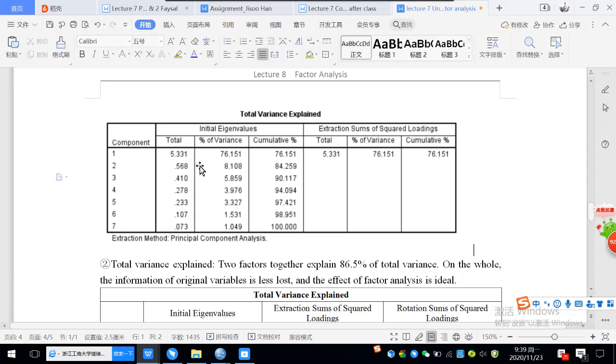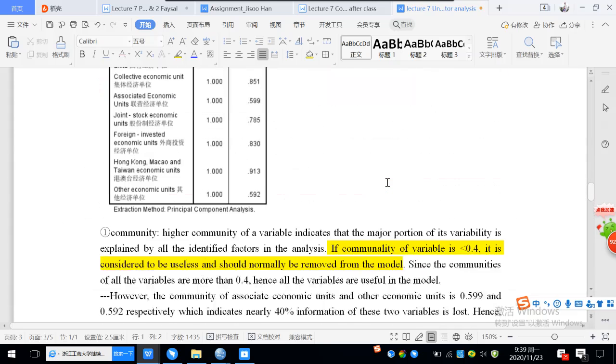According to the criteria, we just extract the factor with the initial eigenvalue more than 1. Under this criteria, just one factor is extracted.